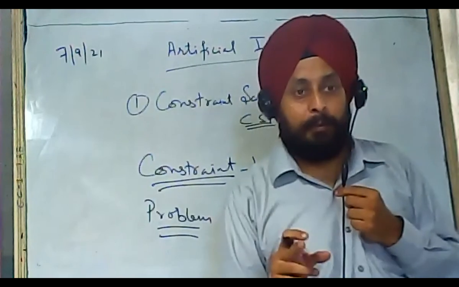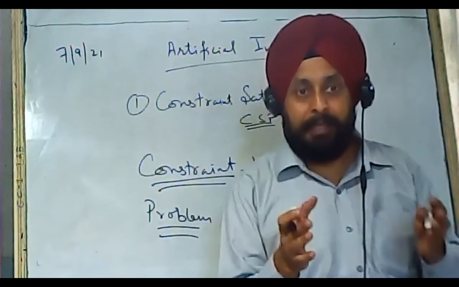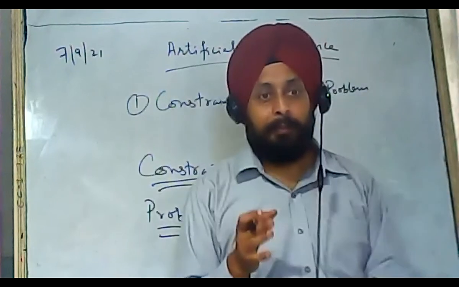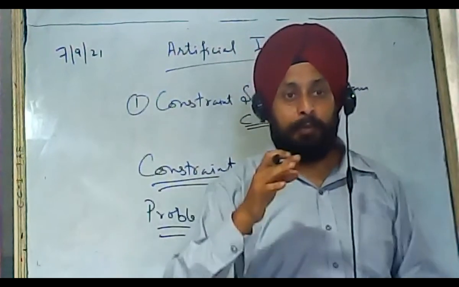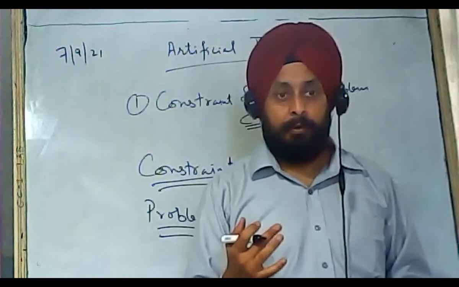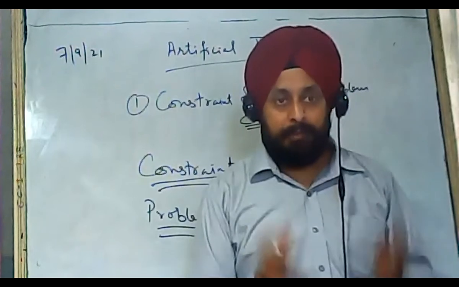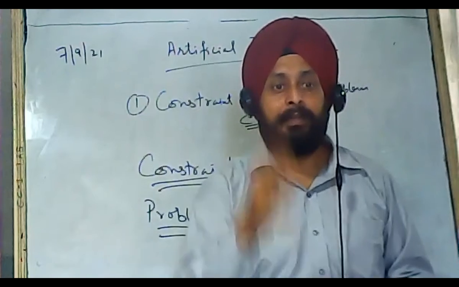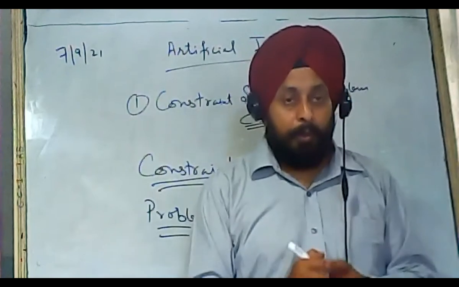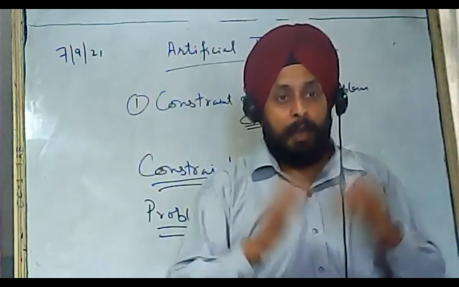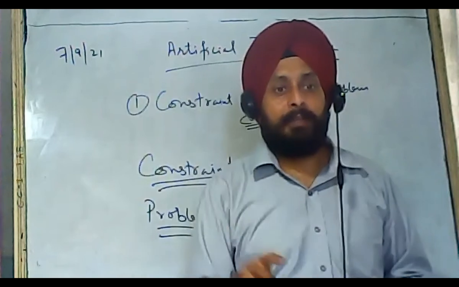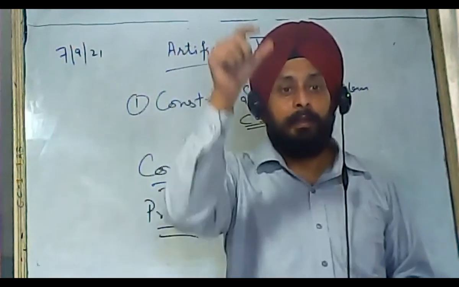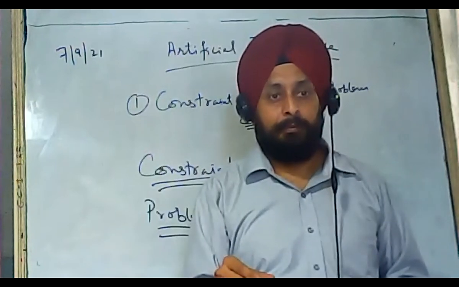You will solve the problem in some restricted manner, because constraints impose a restriction that you cannot do this thing or you can only do this thing. So this is what constraint tells. You are given a problem to solve, but along with the problem, you are also given the list of constraints.